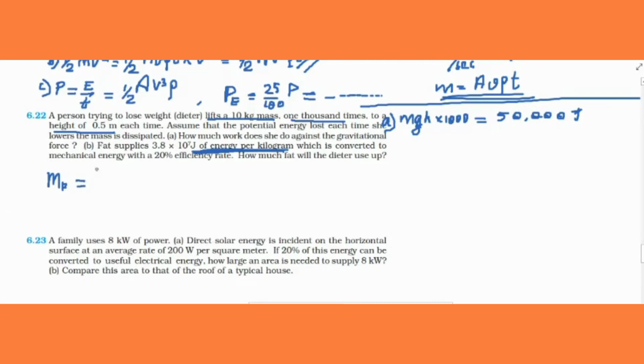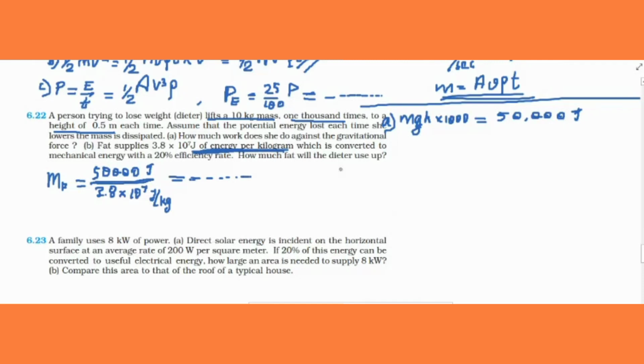is equal to total energy obtained from the fat, 50,000 joule, divided by 3.8 into 10 power 7 joule per kilogram. So that will give the mass of fat.